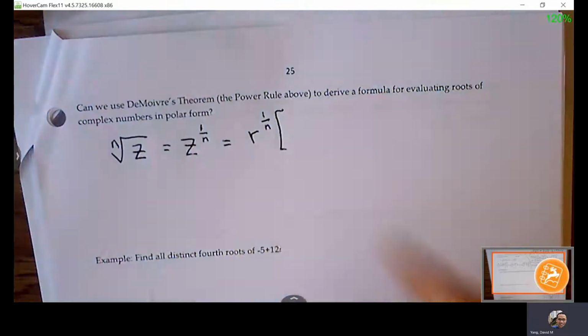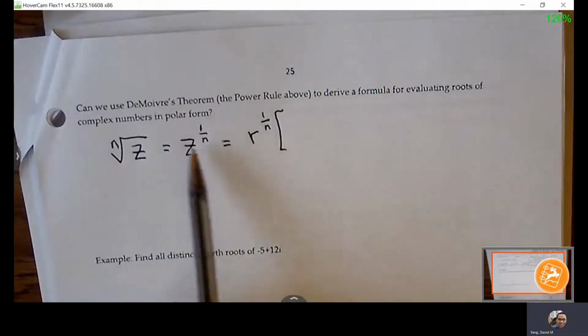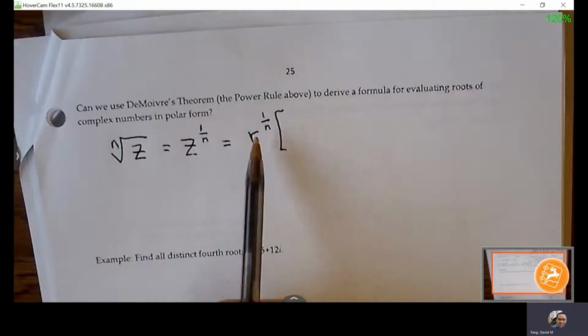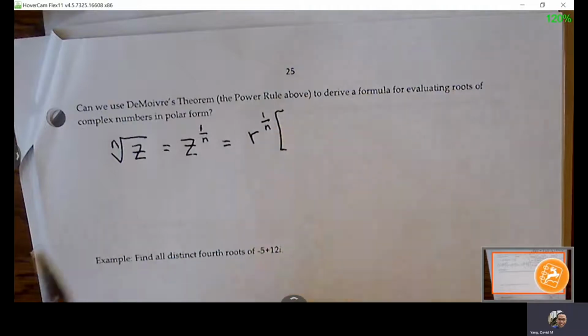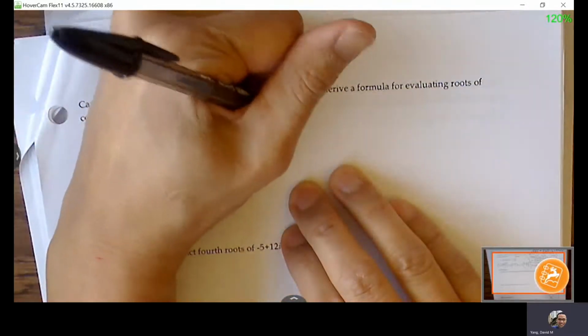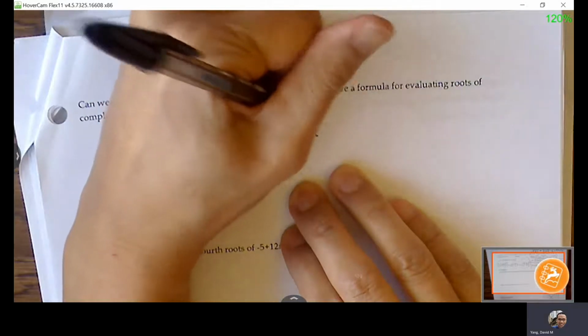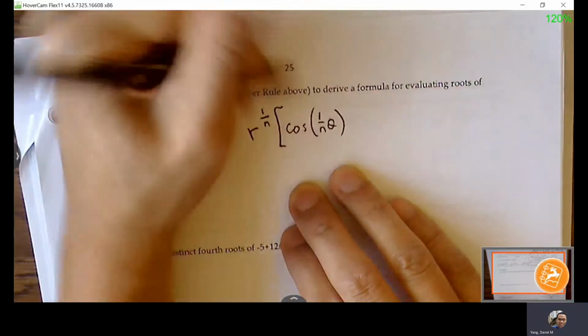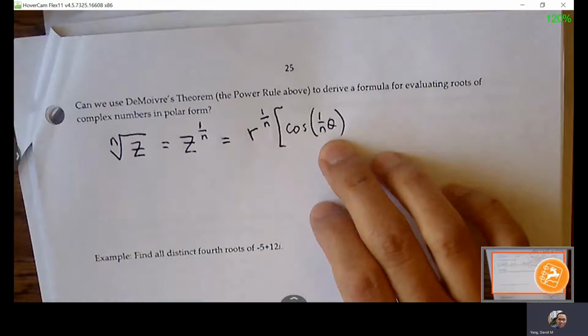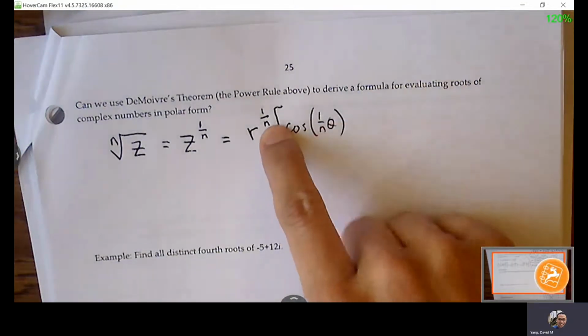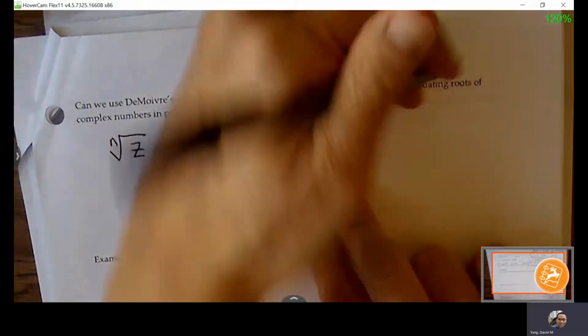But now, instead of multiplying by the power, I guess we're still multiplying, but this n is going to end up in the denominator. It's going to be cosine of 1 over n theta. So yes, we're still multiplying, but we're going to essentially divide by n because of the fact that our exponent now has a variable in the denominator.